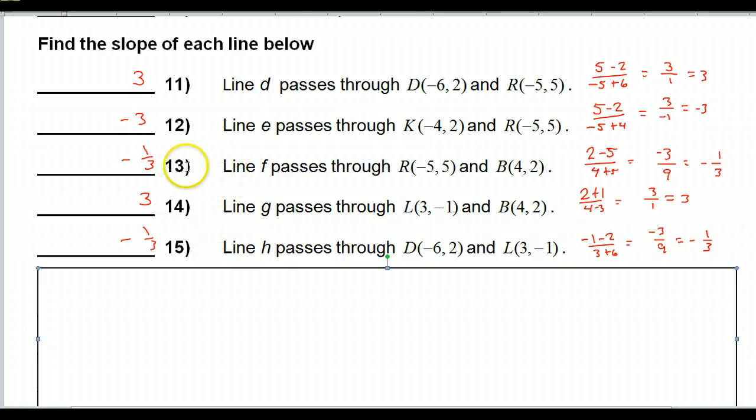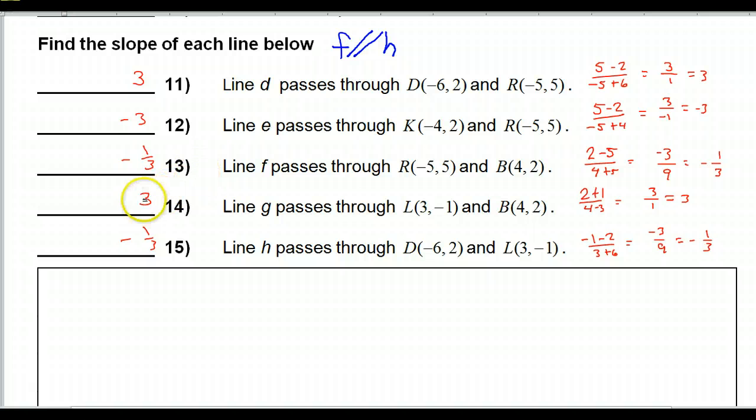Look at number 13 and 15, F and H, -1/3 and -1/3. Those slopes are exactly the same, so those would be parallel. Here, I'll just make a little note of that. Line F would be parallel to line H. That's the symbol for parallel, by the way.